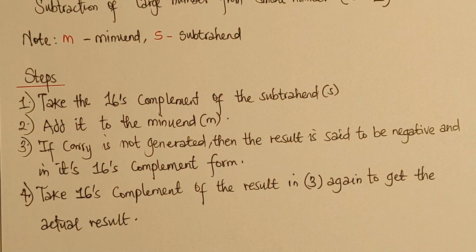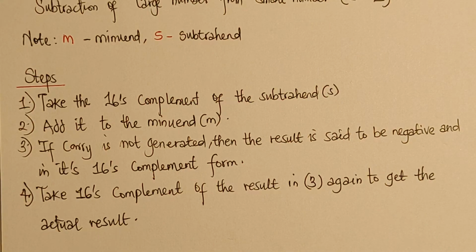Now, if carry is not generated, then the result is said to be negative and in its 16 complement form. Now, the last step is to take the 16th complement of the results gotten from step 3 again to get the actual result. Now, for you to better understand the steps, let me take you through with an example.